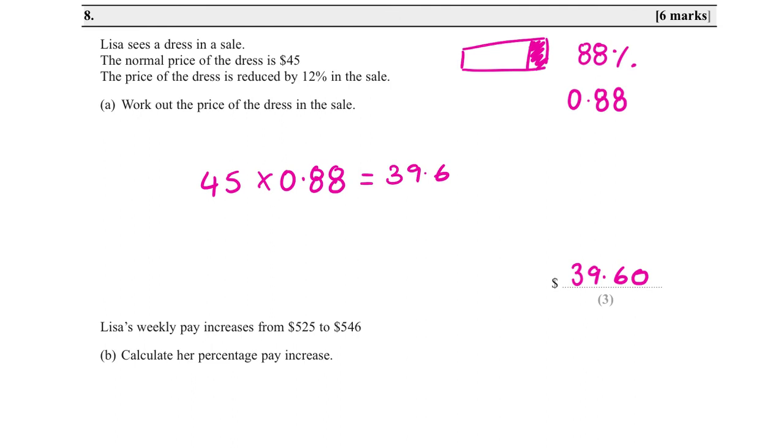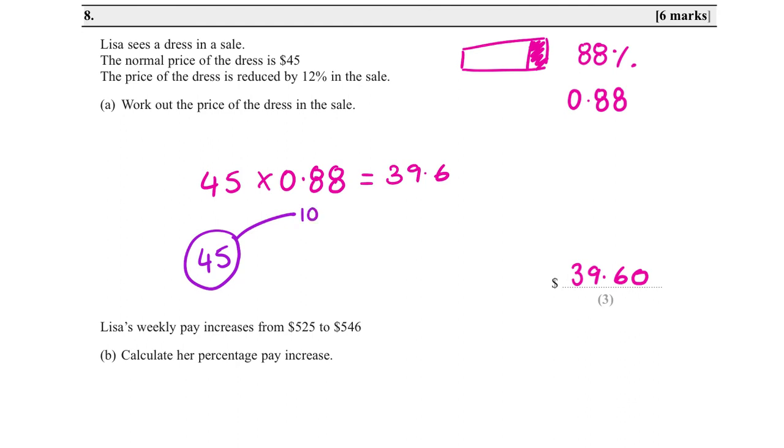Now remember, there's a different way to do this entirely. We've been using the multiplier method. Shall we have a look at a different method as well? Another method we could do is, we know 45. We can use the bubbles that we did.